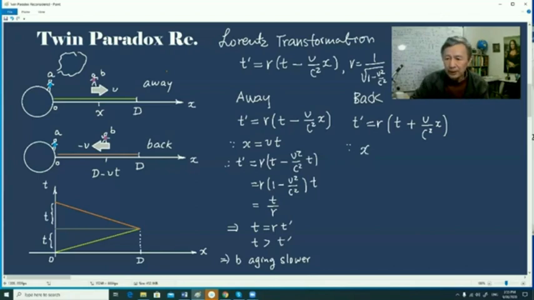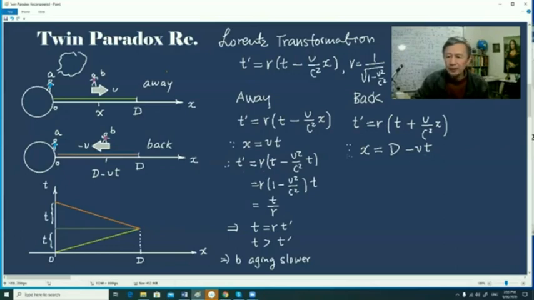The position x equals d minus v times t. After the first journey, we just reset the time so that we can count the time from 0 on the Earth.